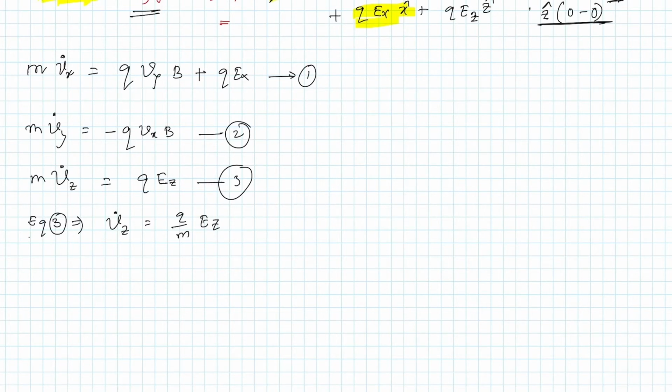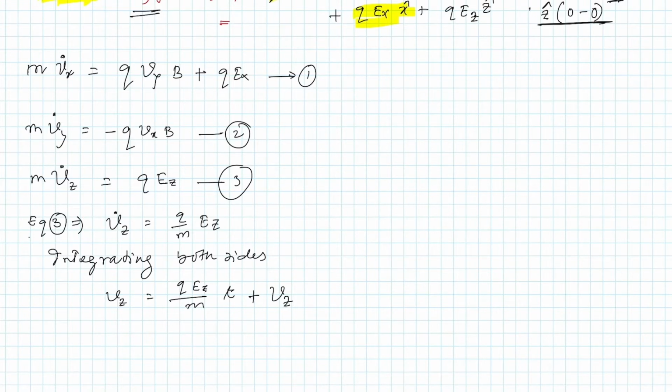Now you see, if we integrate both sides, after integration Vz dot will become Vz, and we will get Vz equals Q Ez by m times t plus Vz0.